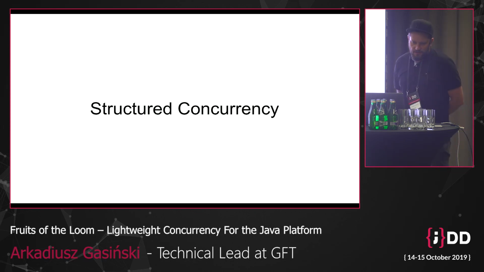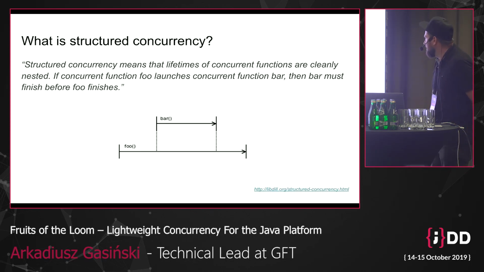To put it in layman's terms, it's basically when you have one function foo that calls some other function bar. If bar creates or starts some threads, you want all these threads to be gone by the time bar returns. This is all what it is about.